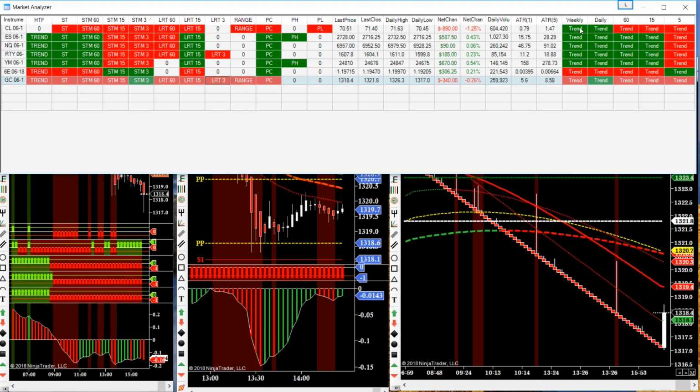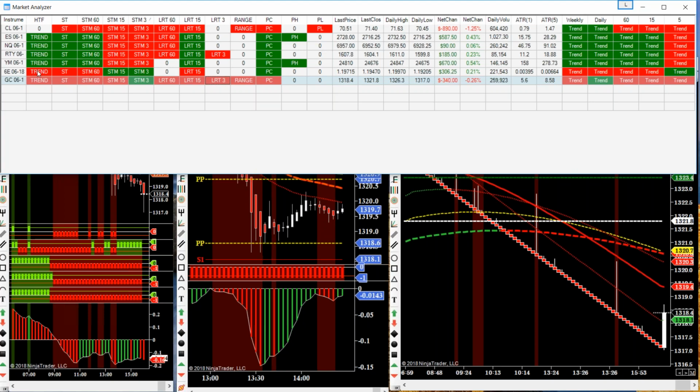So you see for crude, you had the weekly and daily going long and the 60, 15, and 5 going short. So there's a 0 in there for the higher time frame trend. Not enough condition for me to go one way or the other. But on the lower two, the 6C and the GC, the euro and gold, you can see that the euro higher time frame trend is red, except for the 5-minute, which is green.